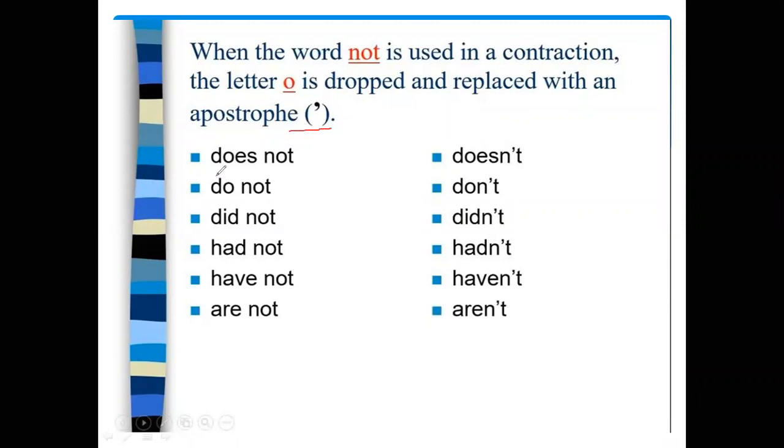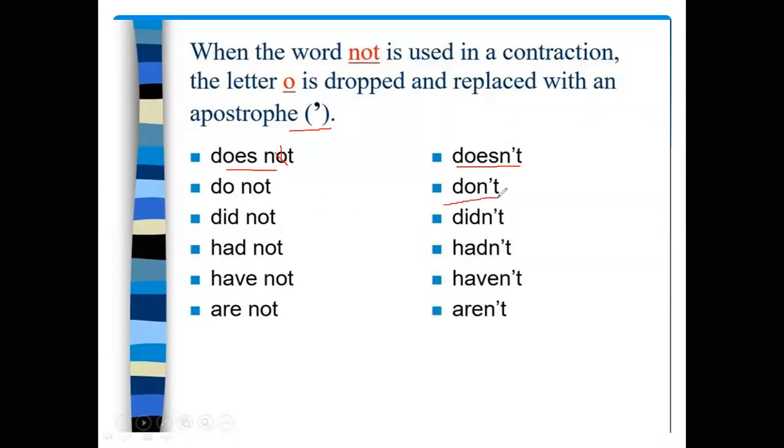Okay, what do we have here? Does is a verb. Does not becomes doesn't. I drop the letter O in not and replace it with the apostrophe. Do not, don't.